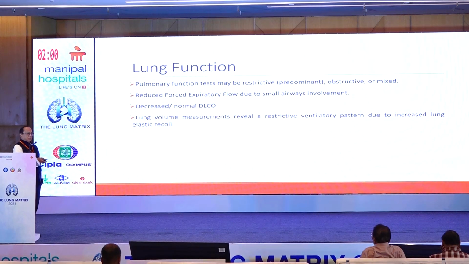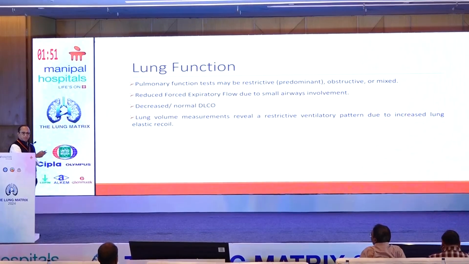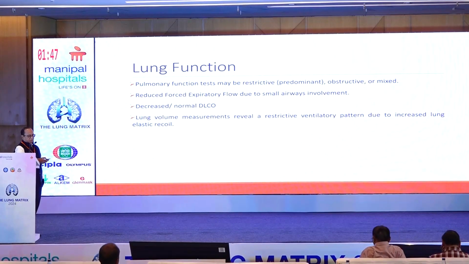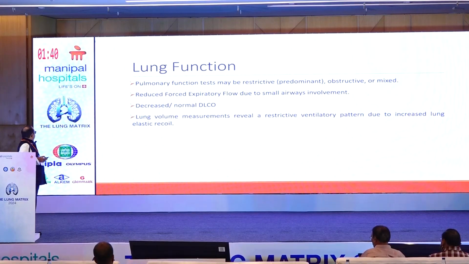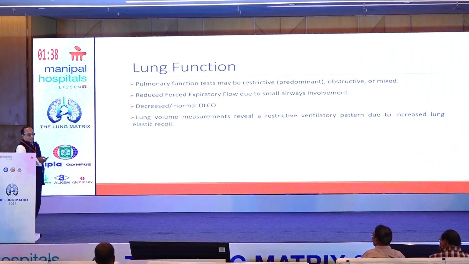Lung function: if the amount of fibrotic score is more, you get a restrictive pattern. If the mosaic pattern is more, you may still get a mixed or an obstructive pattern. And important, diffusion limitation will also be there; I thought I will stick to the time.